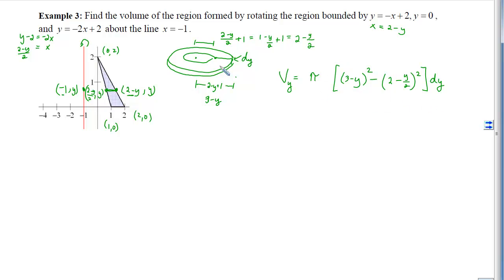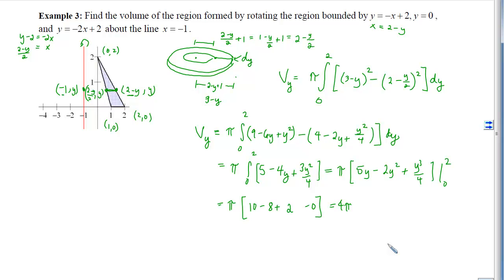This now represents the volume of that one representative slice, and I will add all of them up, keeping in mind that the lowest y value I can get is 0, and the highest y value I can get is 2. Again, I will allow you to use your calculator for this, even though you could ideally use the fundamental theorem of calculus to simplify, to get 4 pi.